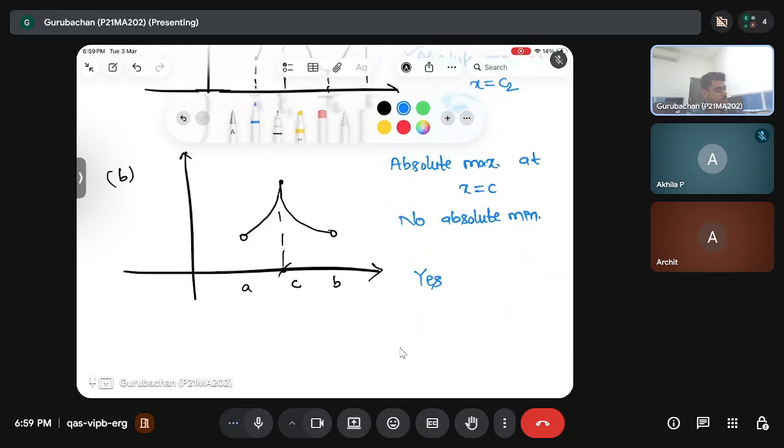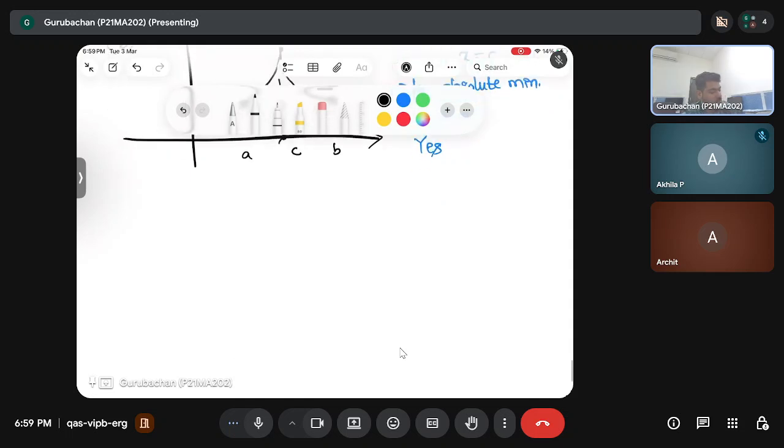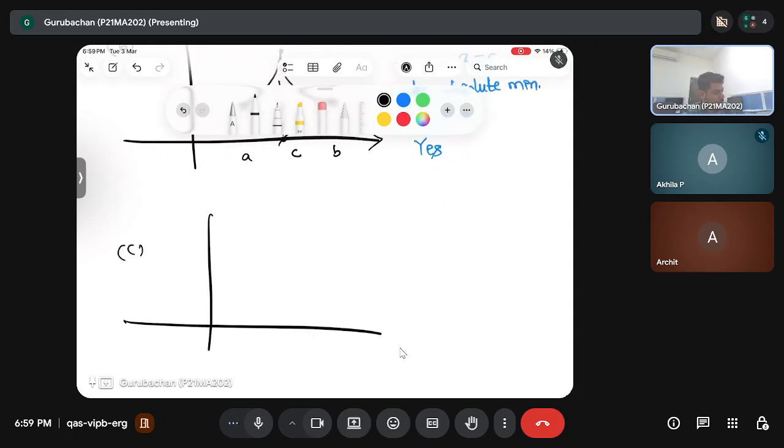Now let us discuss the last one. See, one graph is this. A, C and B. What will be in this case?